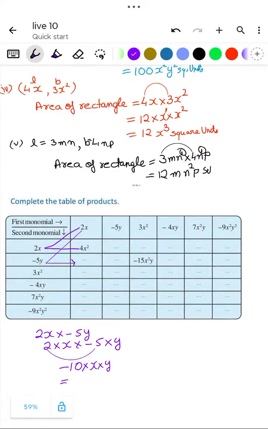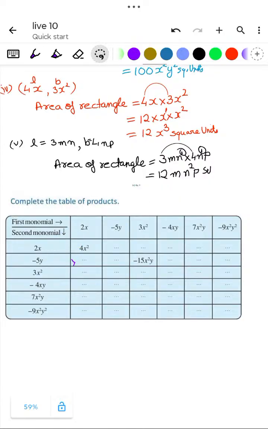So this is equal to negative 10xy, right? So the answer will be negative 10xy.